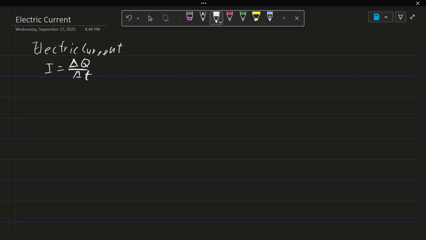What I mean by the change of charge is, if I have, let's say, a material and I move it across with a certain velocity, it has charge over a certain area. After a certain amount of time, what's the accumulated charge that is scanned by this area? That's pretty much the idea.